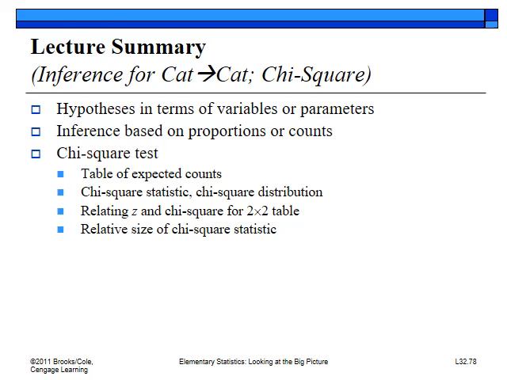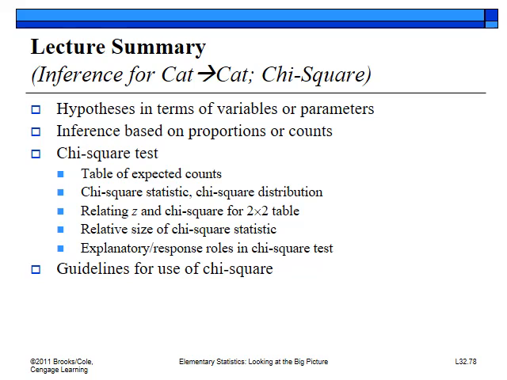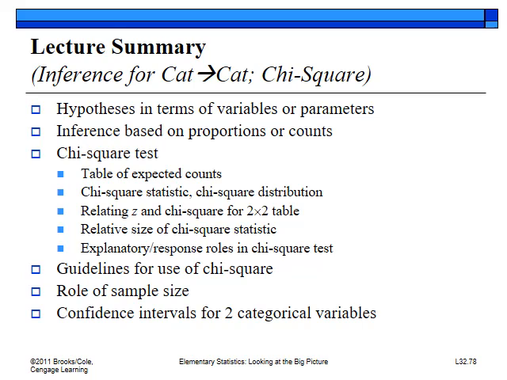We talked about the relative size of the chi-square statistic based on the sizes of the samples. We looked at the roles of explanatory and response in the chi-square test. We also talked about when it's appropriate to use the chi-square test. We looked at the role that sample size plays, and we computed some confidence intervals for 2 categorical variables and connected those back to our chi-square test.